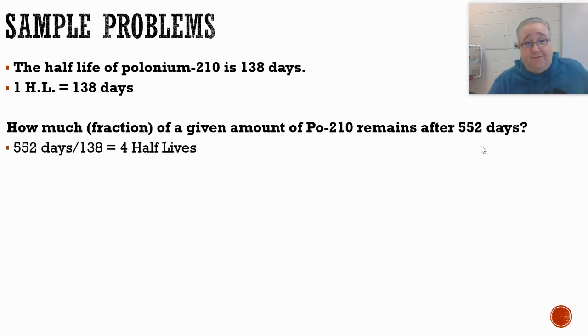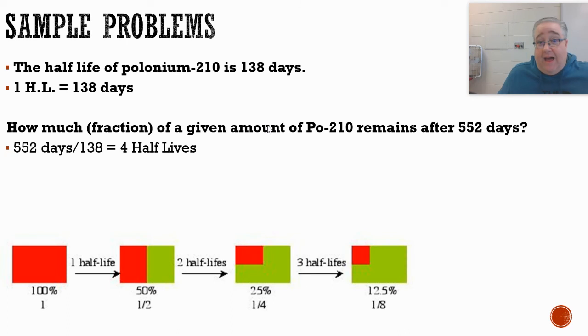The first thing we have to figure out is how many half-lives went by. Well, 552 divided by 138, which is the half-life, is 4. So that means 4 half-lives have gone by. After one half-life, half of it is left, fractionally speaking. After 2 half-lives, a fourth is left.